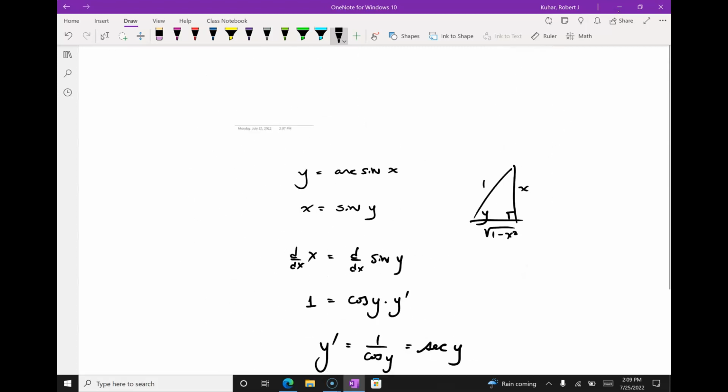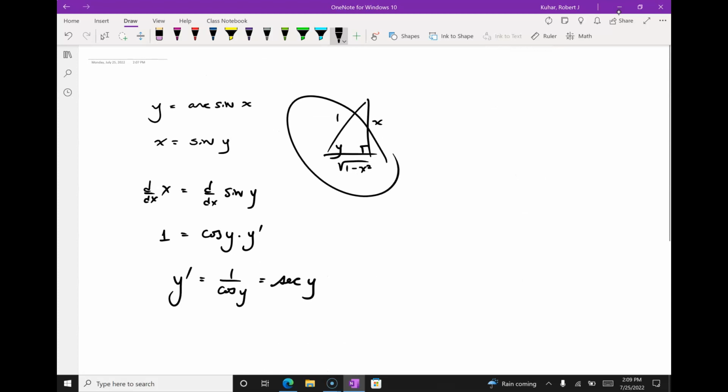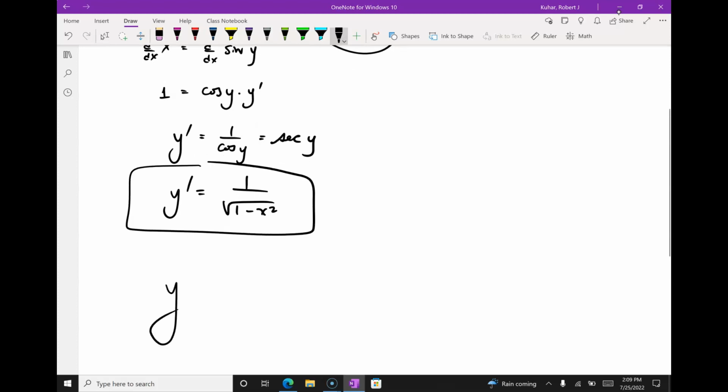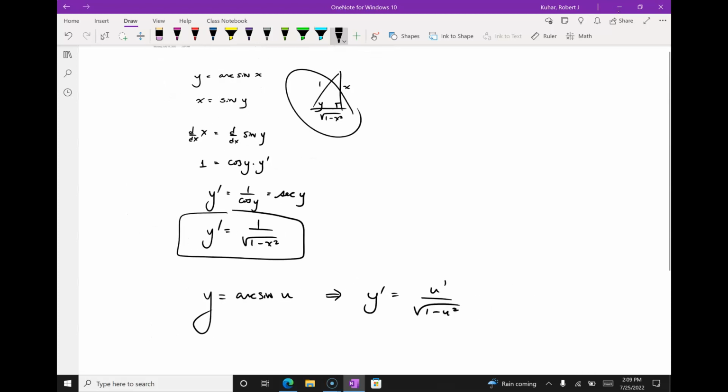And I can get the secant of y from my triangle right there. So I know y prime is 1 over the square root of 1 minus x squared. So if y is the arc sine of u, y prime is u prime over the square root of 1 minus u squared.